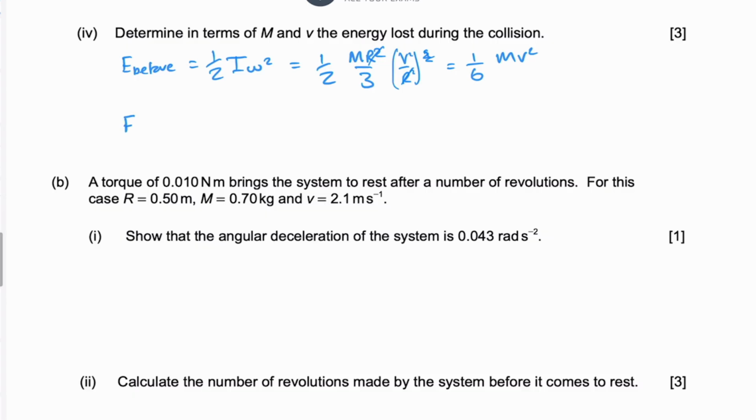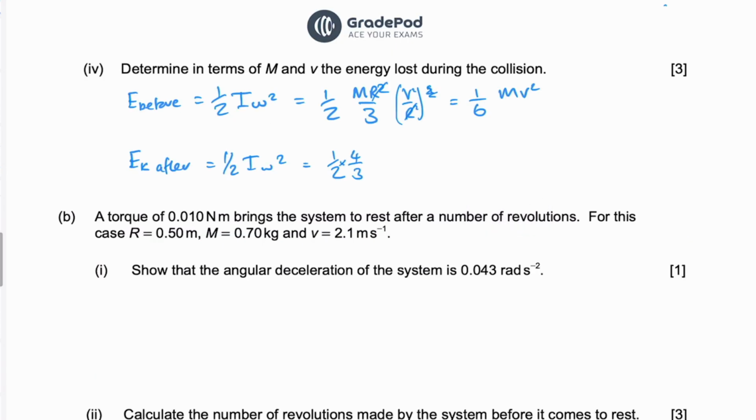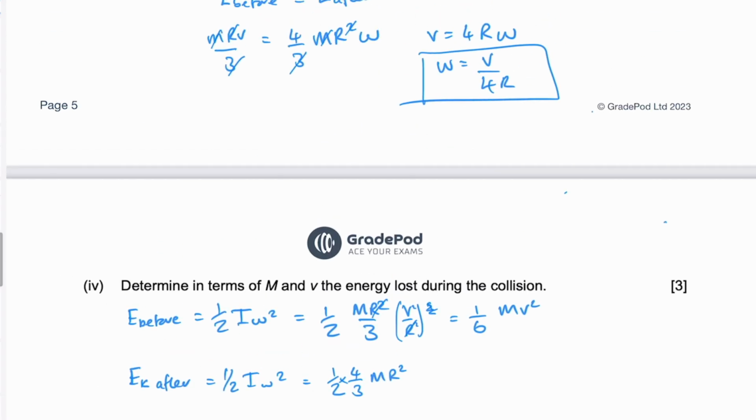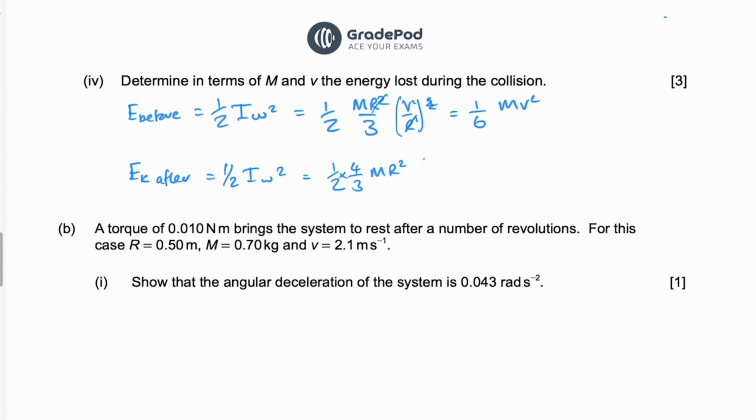Let's see what the EK after is. It equals a half I omega squared, 4 over 3 mr squared, and omega after was v over 4r, so v over 4r all squared. Let's simplify that down. A half times 4 over 3 times mr squared v squared over 16r squared.